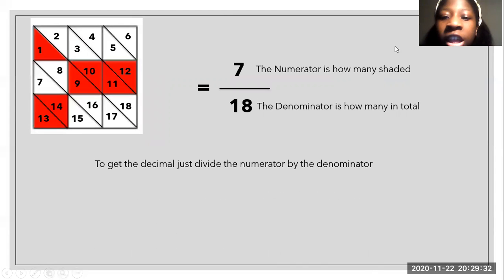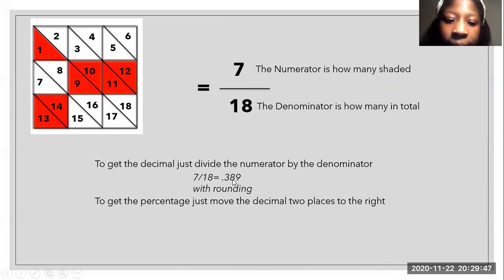Now we need to put the fraction into a decimal because it's easier that way. So we'll have 7 divided by 18, which will give us 0.389, or 0.39 if we round it. So this is 38.9% in total.